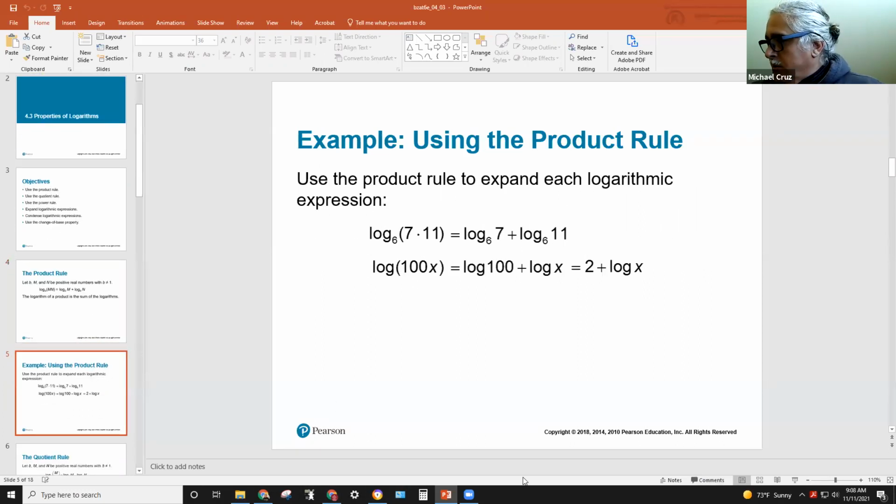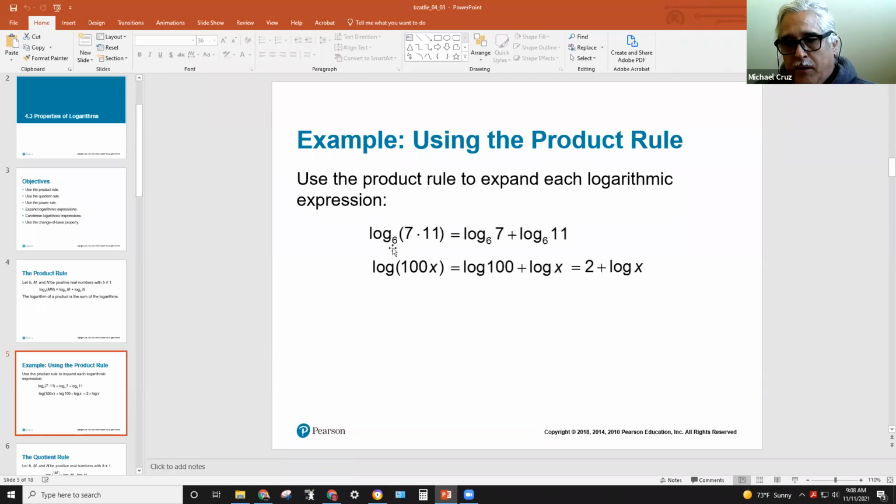All right, so let's look at a couple of examples. They picked out these strange bases, I guess to show you that it works with any base.